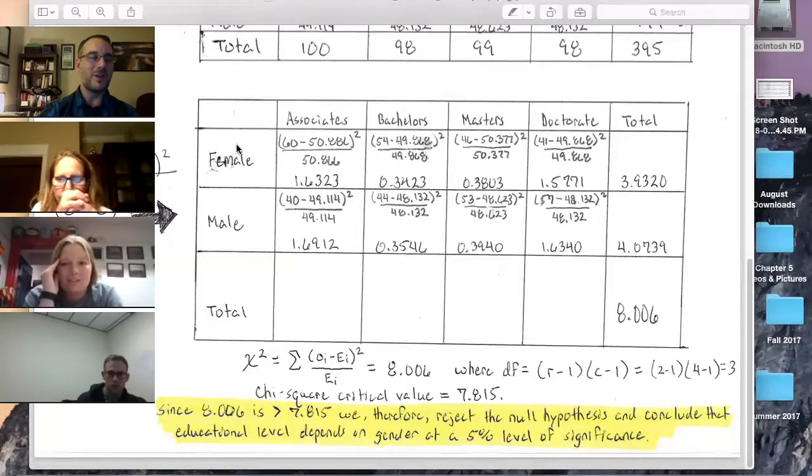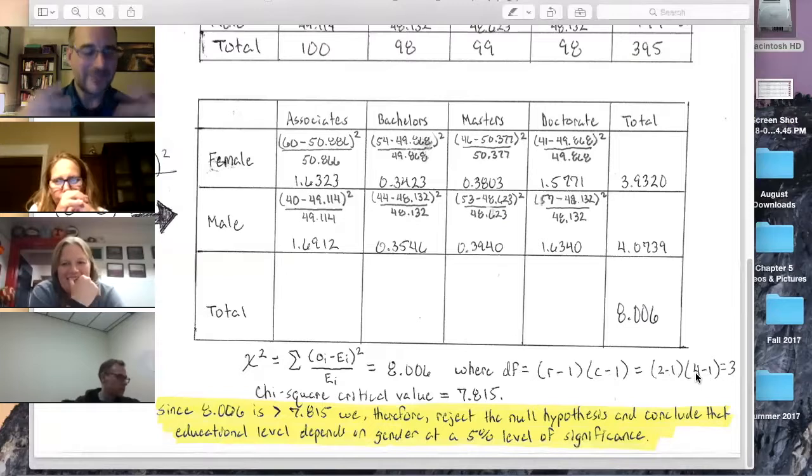Well, we have 2 rows, females and males. So this formula is 2 rows minus 1 and columns minus 1, and then just multiply those by each other. So 2 minus 1 is 1, and 4 minus 1 is 3. So what is 1 times 3? 3, right? If you're not getting it all the way, just go back and rewatch.